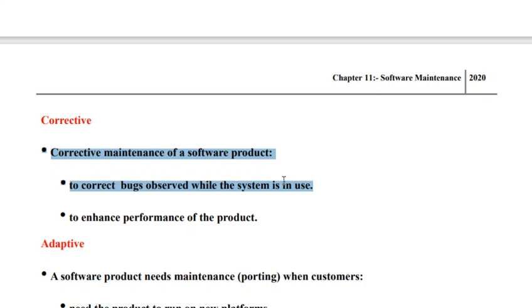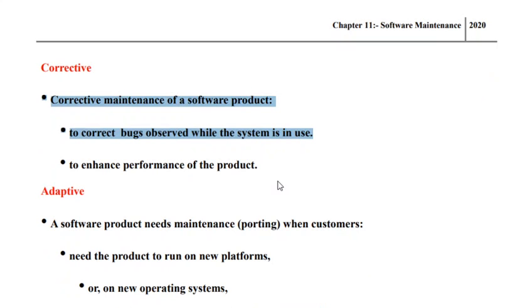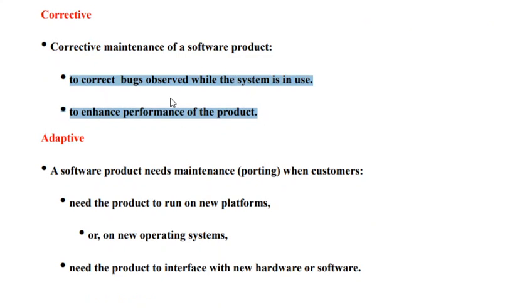That is the reason why we need corrective maintenance. So corrective maintenance is carried out in order to correct problems or errors that are observed during the use of the software application and to enhance the performance of the software product, because if the bugs and the errors are not corrected, then it may so happen that the software system may not be put to use.